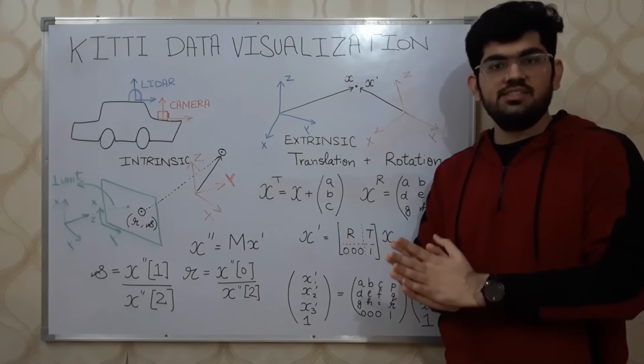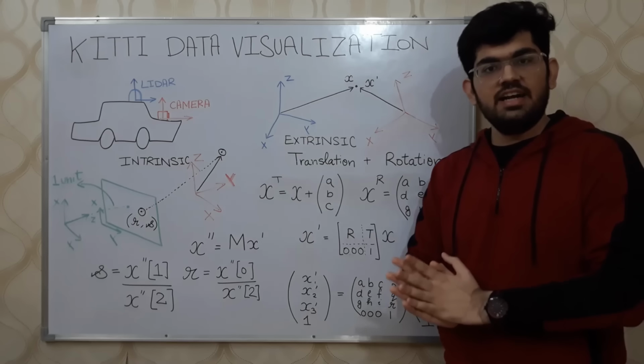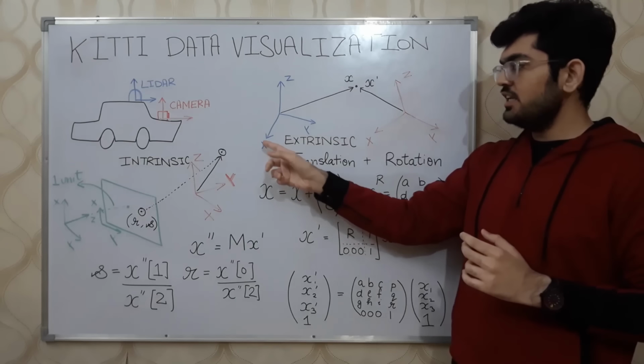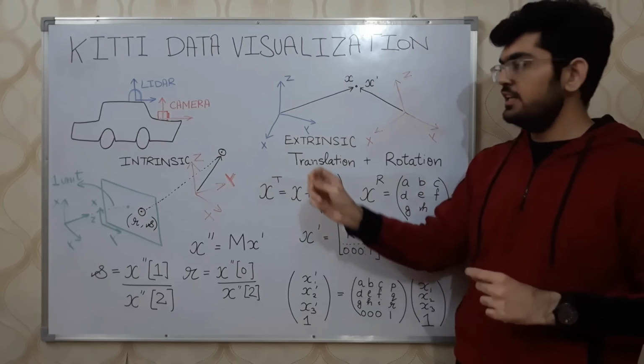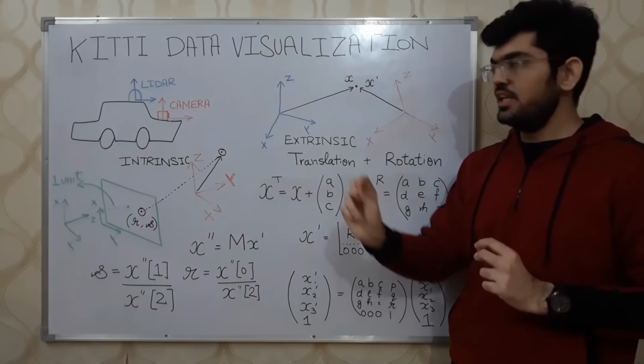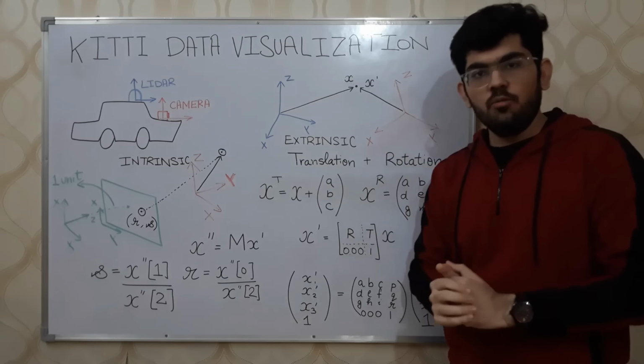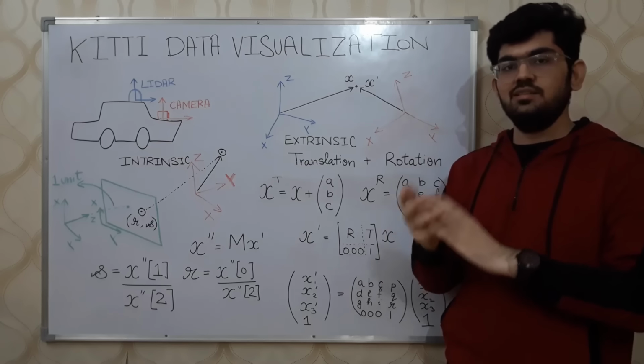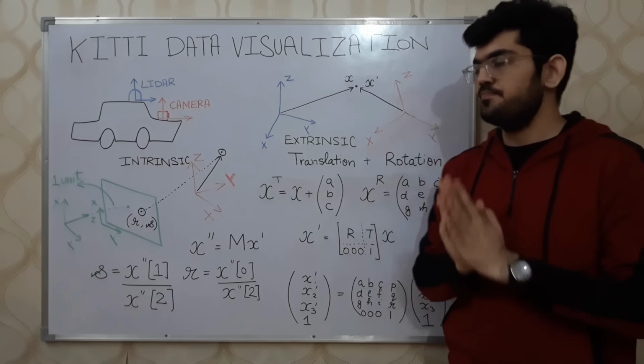In order to understand rotation better, we can divide the rotation operation into three sub-operations, which are rotation about the x-axis, rotation about the y-axis, and rotation about the z-axis. A combination of all these three rotations gives us the actual rotation that is going to finally take place.